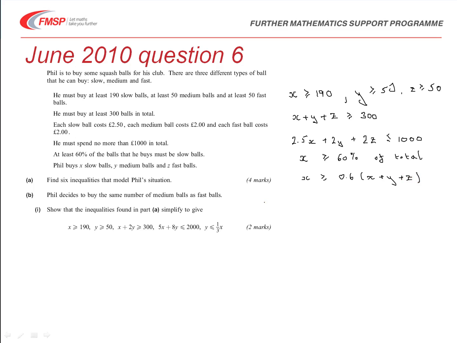If we simplify that, we can multiply through by 5, because 5 lots of 0.6 make 3, which gives us 5x is greater than or equal to 3x plus 3y plus 3z.